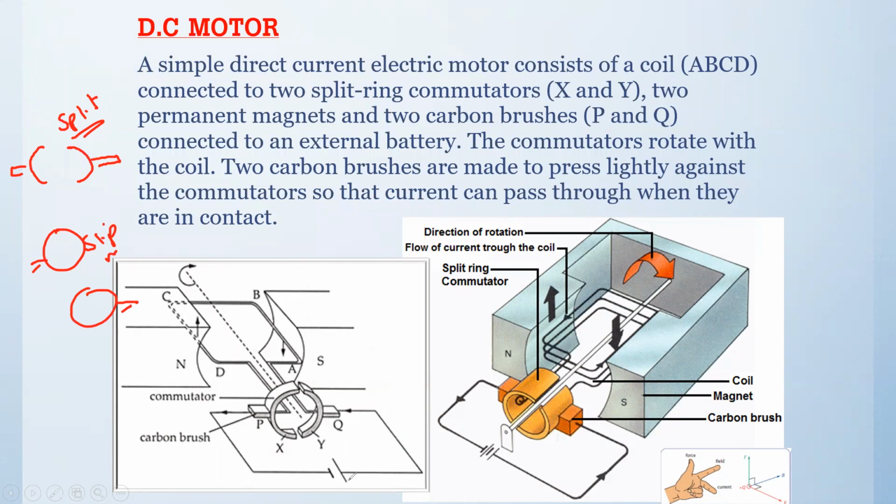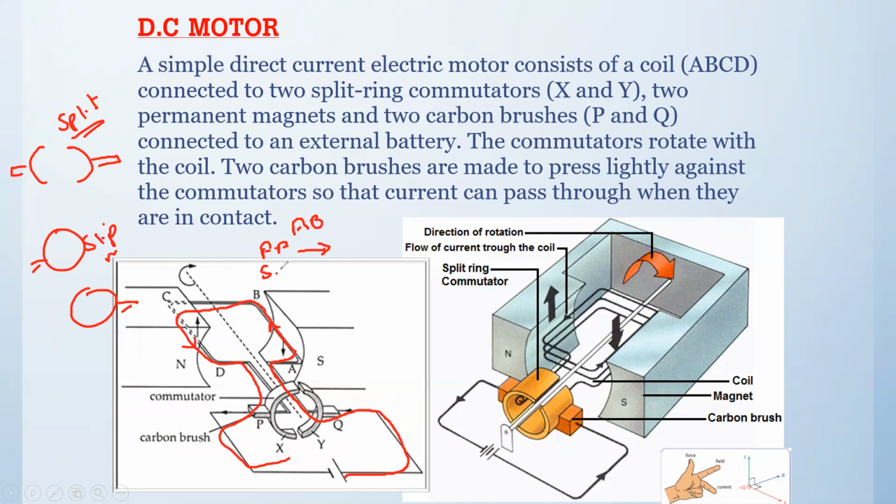Now what happens? The electrical current, the conventional current, moves from positive. So this is the direction of the current. When we apply Fleming's left hand rule, you have to use the left hand. If I want to find the force on AB, the index finger is pointing towards the right hand side.